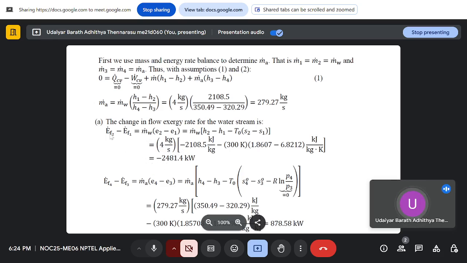So I am using minus 2481.4 kilowatts in the process, and for the air stream, the change in exergy is the exergy out minus exergy in. So mass of air into [(h4 minus h3) minus T naught (s4 minus s3)] minus R ln p4 by p3. Since the pressure has negligible change, this becomes 0.